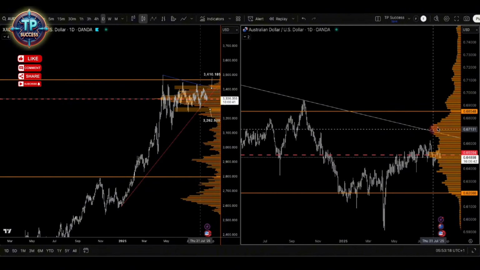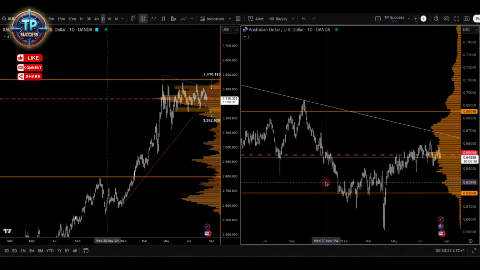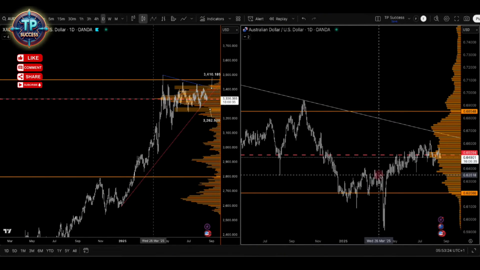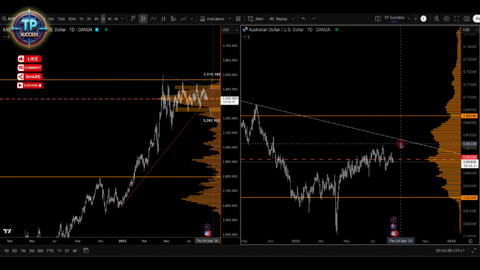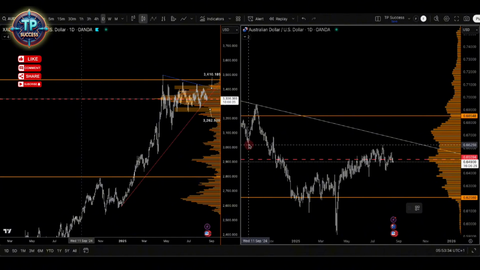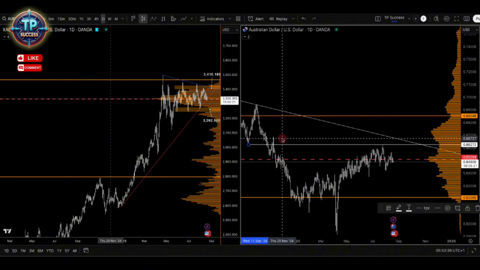Now as it stands, the dollar itself is inside of the high value area of the volume profile, and what we're kind of waiting for is to see if price is going to make its way up to a perfect low value node. So that's a good location for it.